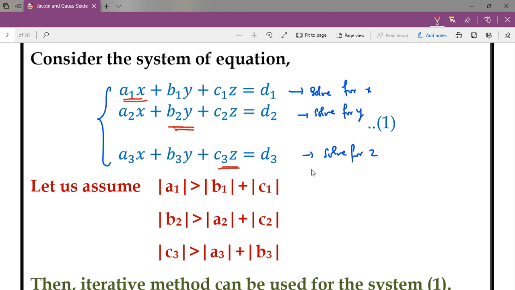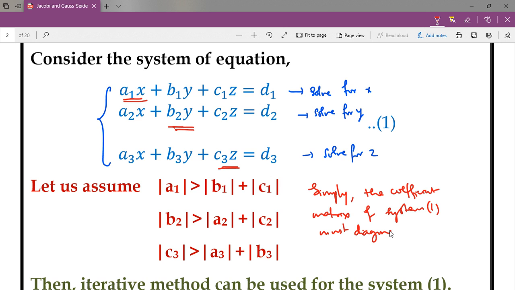Simply speaking, the coefficient matrix of system 1 must be diagonally dominant.